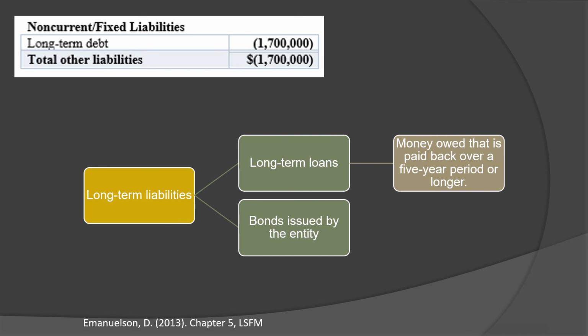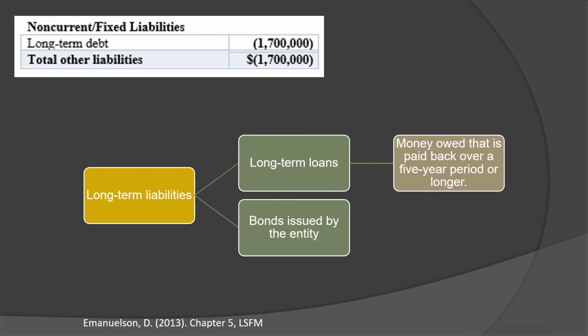Then we need to look at long-term liabilities. This consists of long-term loans and bonds and that kind of thing. Long-term loans are any money that the company owes in a 5-year period or longer. So that's important for you to understand. Short-term liabilities mean in less than 5 years, and long-term is more than 5 years. Think of yourself personally.